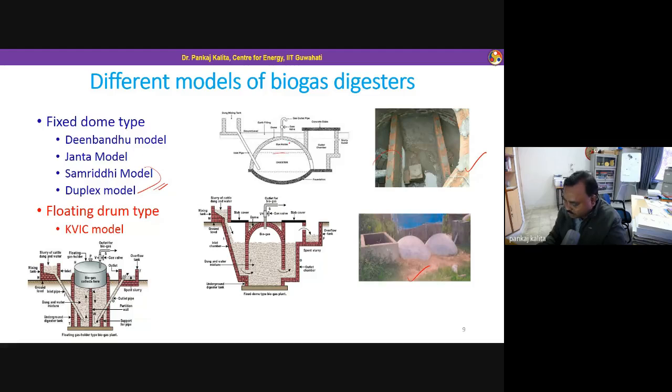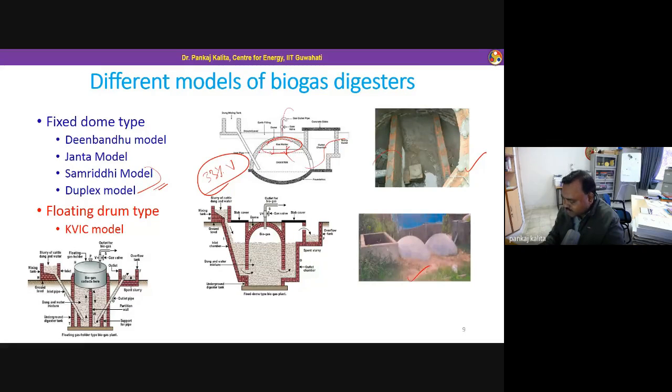This part, normally something like 33% of the total volume, is occupied by this gas. It will give some kind of pressure, and when it applies pressure, this slurry will come out. Once we collect it, the level will rise again. So that works in displacement mode.